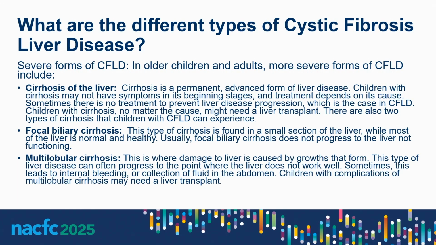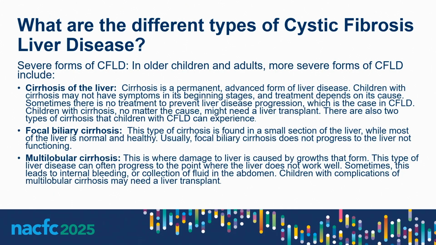There are two types of cirrhosis that children with CF liver disease can experience. Focal biliary cirrhosis: this type of cirrhosis is found in a small section of the liver, while most of the liver is normal and healthy. Usually focal biliary cirrhosis does not progress to the liver not functioning.